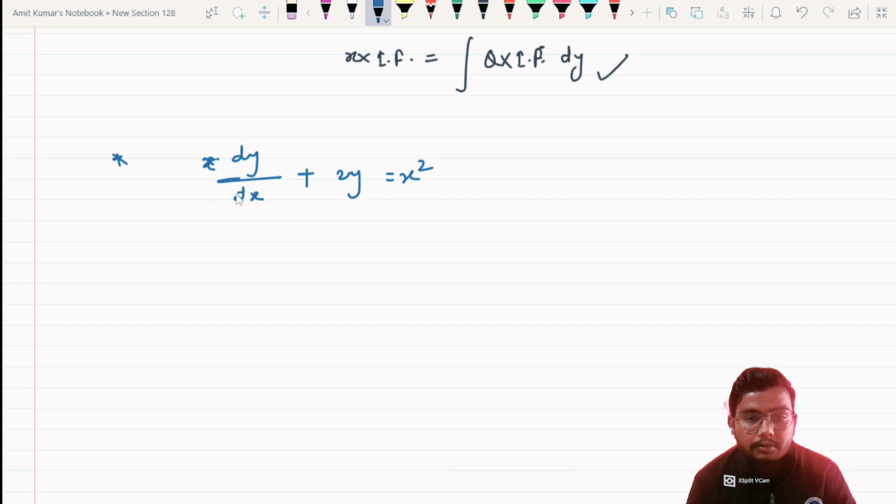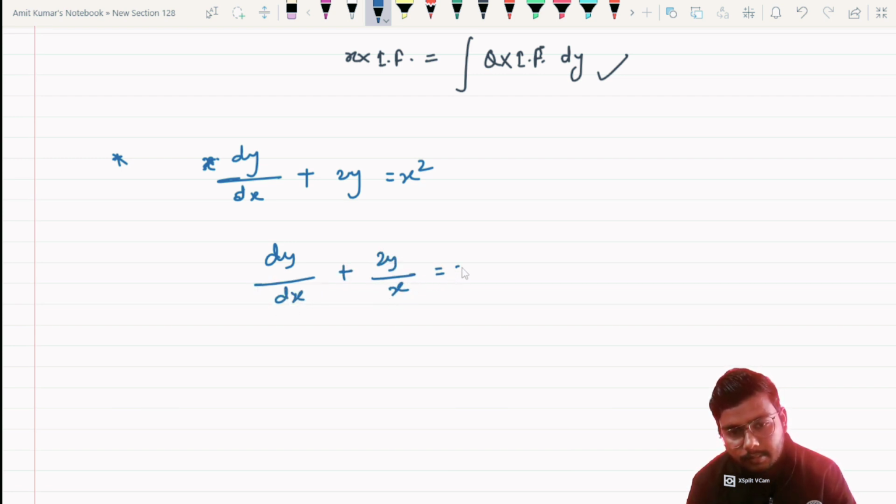First, we have to convert it into the linear differential equation, so we will divide by x on both sides. Now we'll compare with dy by dx plus py equal to q. From here we get p as 2 by x, and q is x.